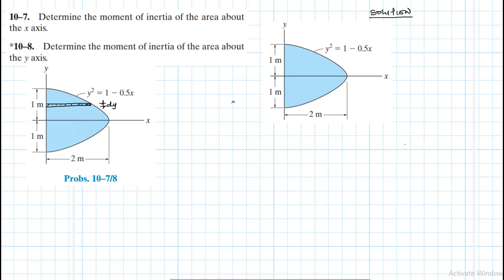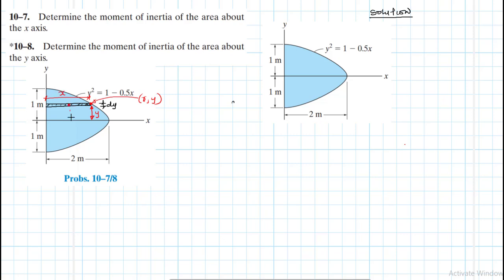It is cutting the curve at this point, which is just x comma y. We have this height here, which is just equal to y. What else do we have? We have the length of this small strip, which is x.